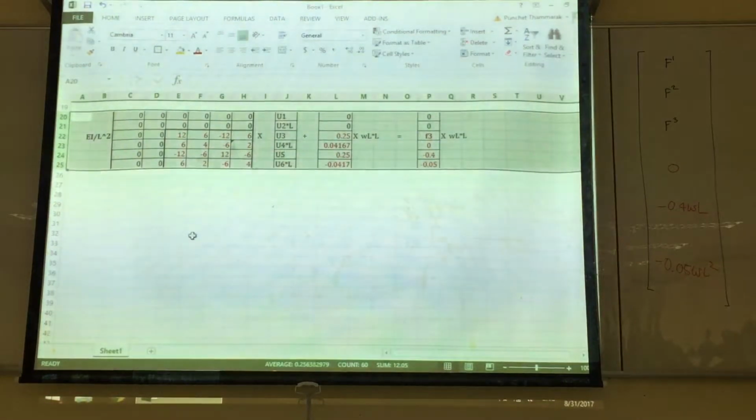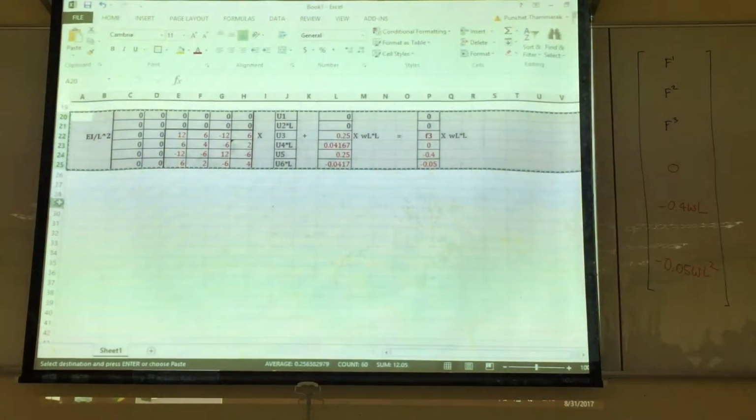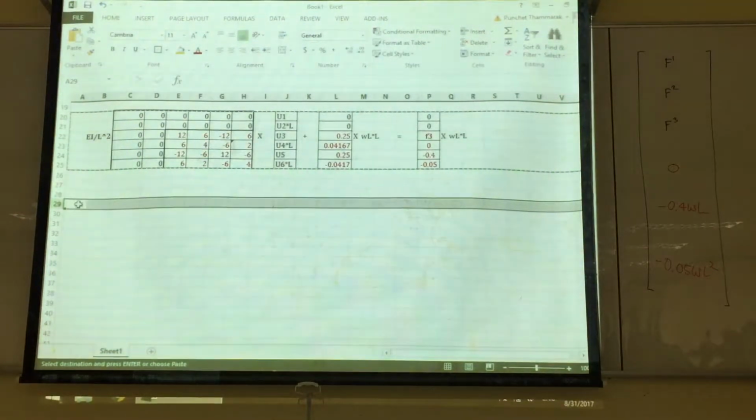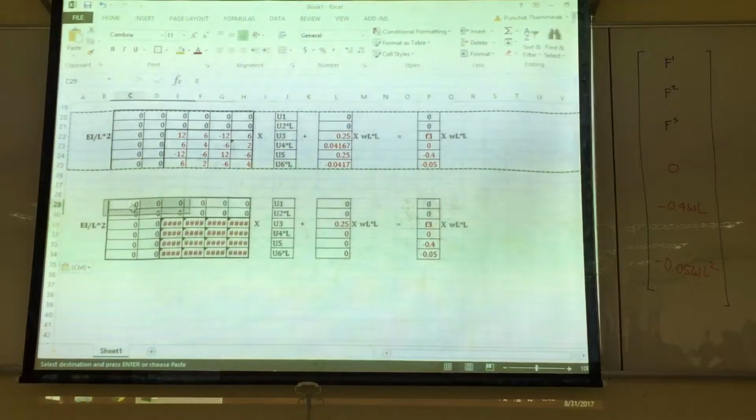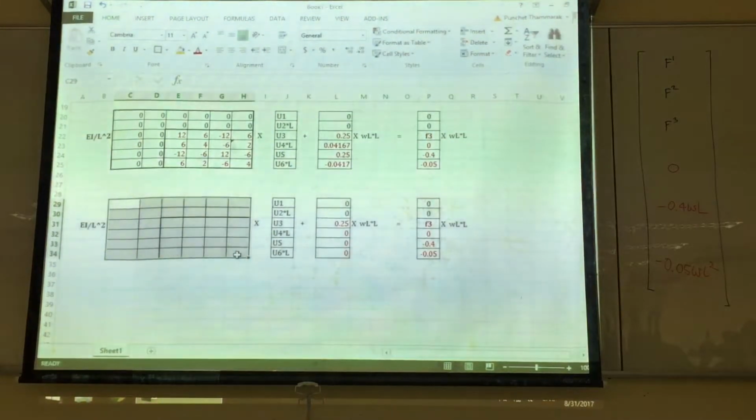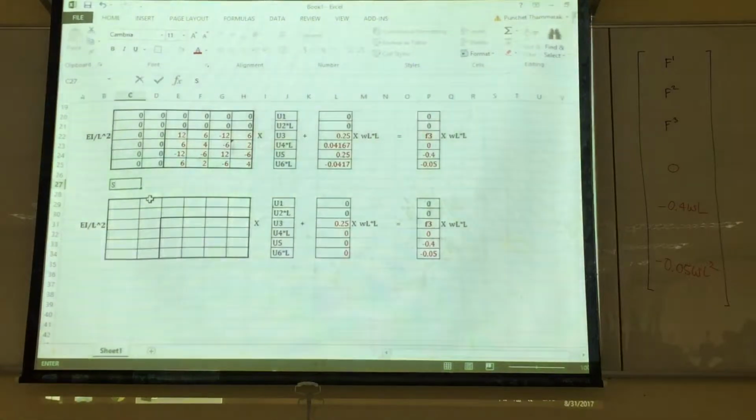Stepping down, I say I don't care about anything inside there. I say the whole assembly, the system of equations.